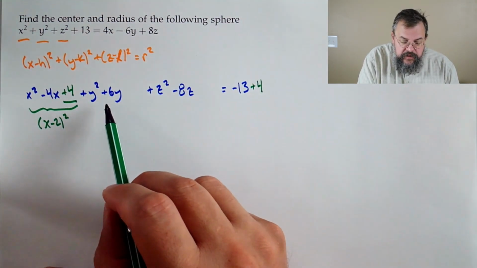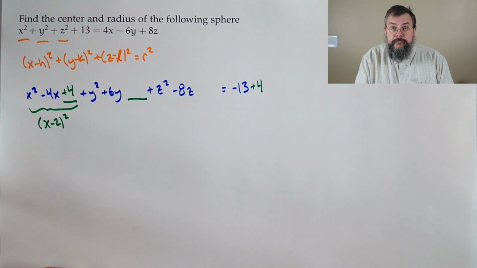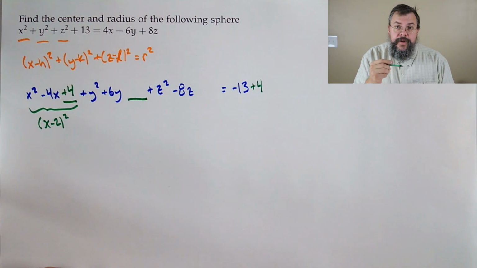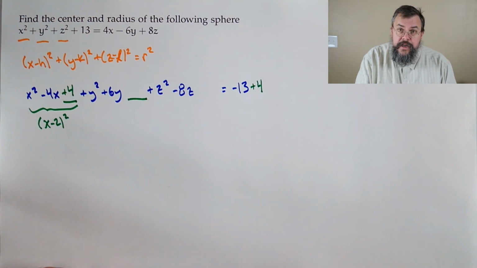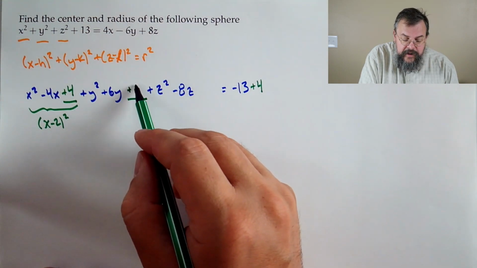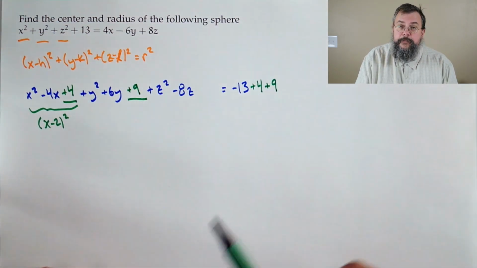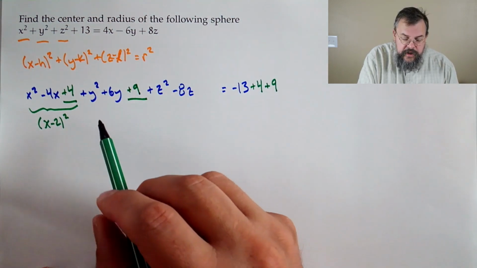Okay, let's go to the next term. y squared plus 6y. What do we need to add? Well, take 6 divided by 2 is 3. Square that is 9. So I need to add 9. Do it immediately on the right as well, so that we've kept things in balance. Good.